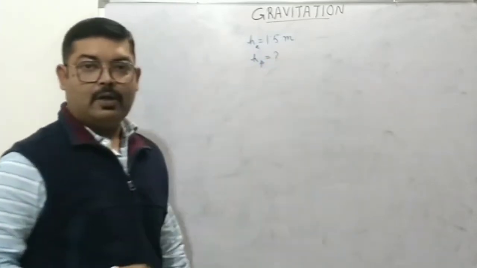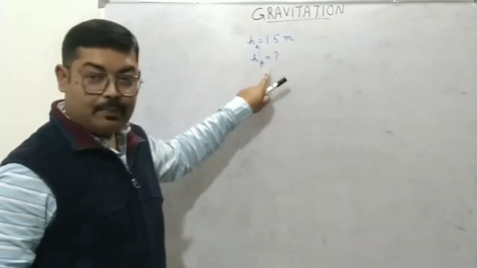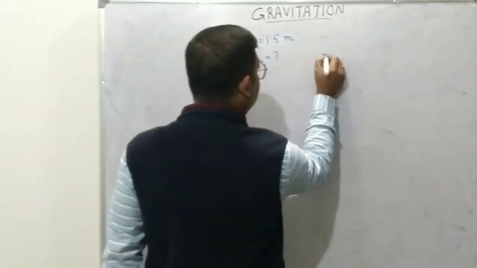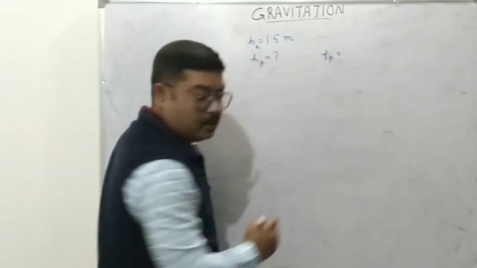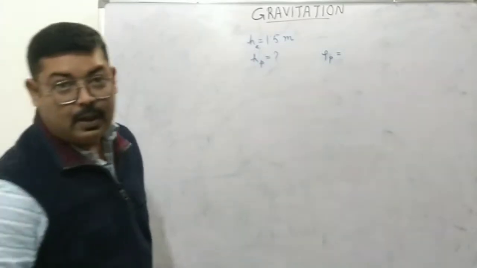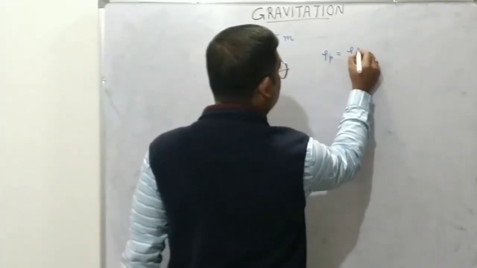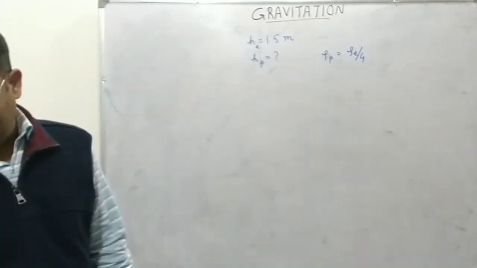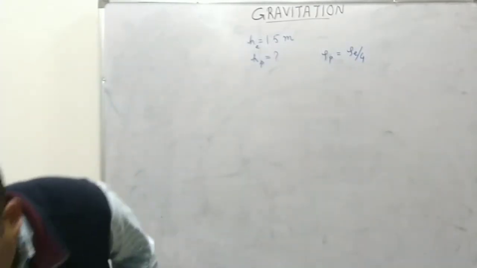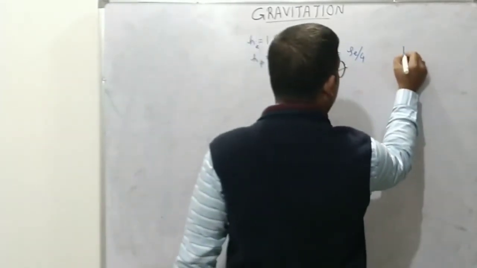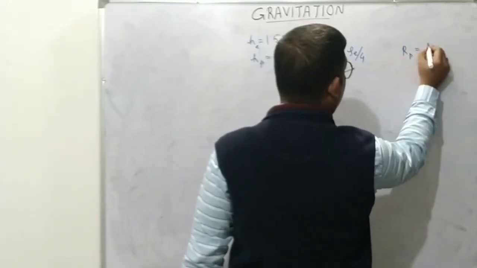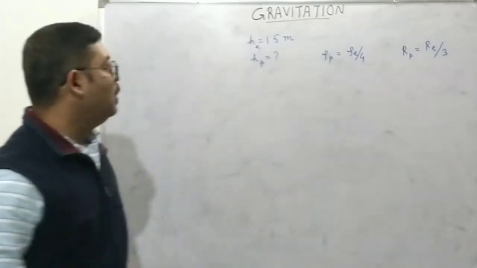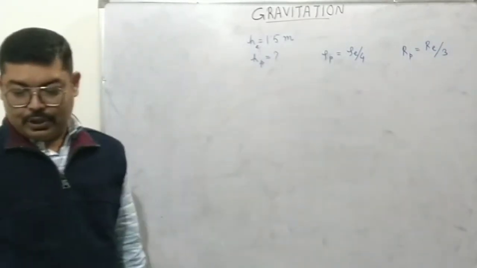What will be the height up to which he will be able to jump if the density of the planet is 1/4 of that of the Earth? That is, rho p is rho Earth divided by 4, and radius of the planet is 1/3 of radius of Earth. So r of the planet is equal to r Earth divided by 3. We want to find h.